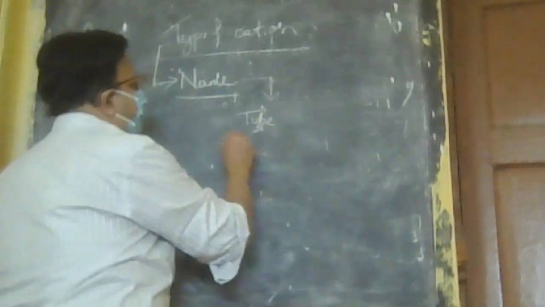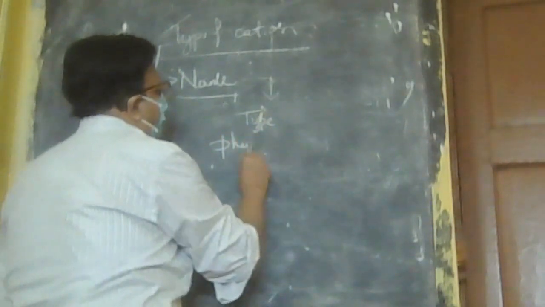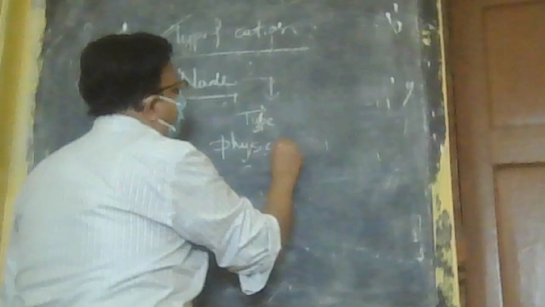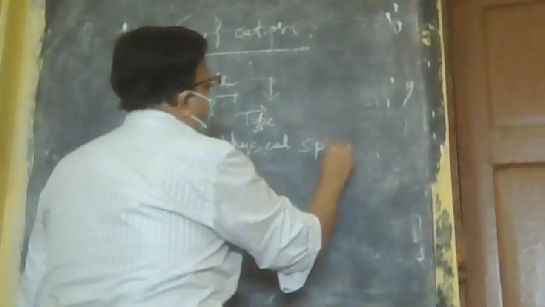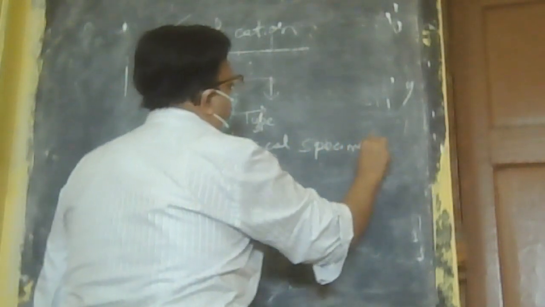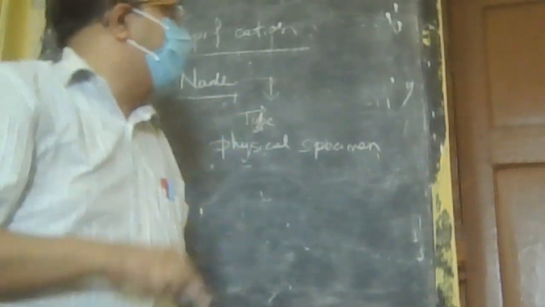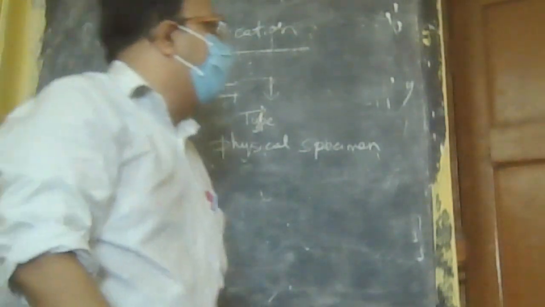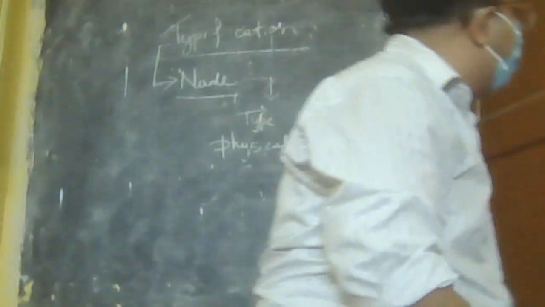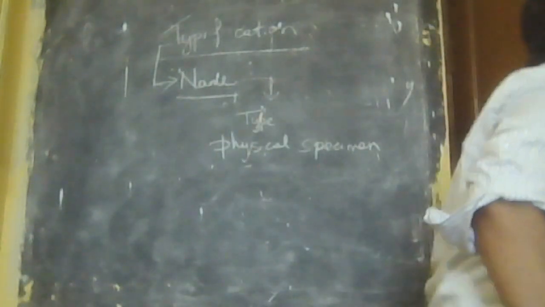Type is nothing but a physical specimen. That particular butterfly which I have seen, the chair has the body, the tool has the body.